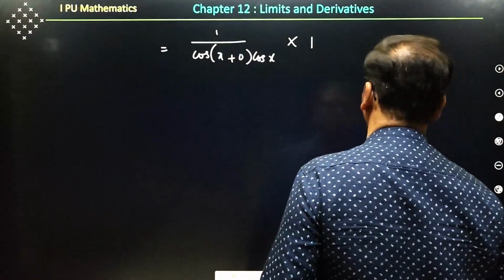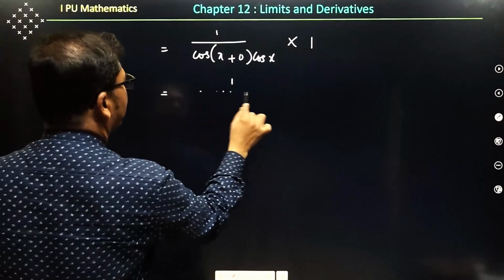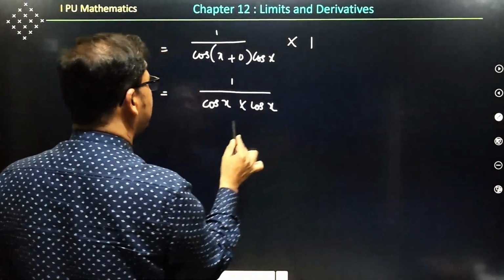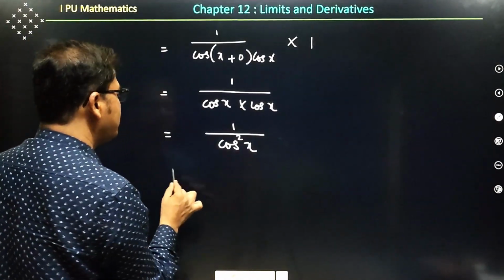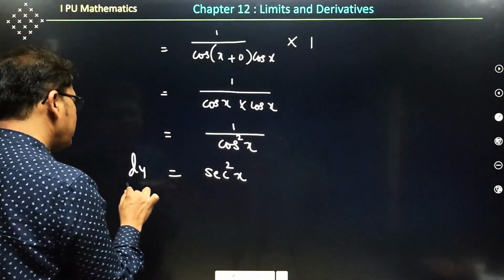So this is equal to 1 divided by cos x into cos x. Cos x into cos x is cos square x, 1 upon cos square x, which is nothing but sec square x. So dy by dx is equal to sec square x.